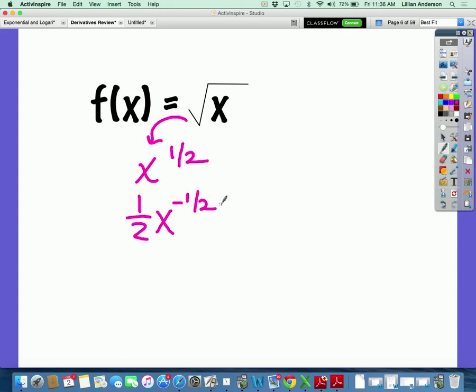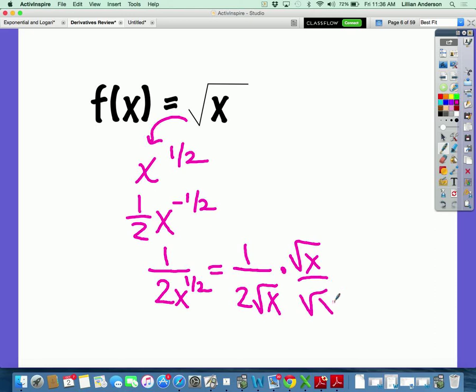To make this positive, you bring that x down to the denominator where the 2 already is. This is the same thing as 2 root x. Okay, so it's root x over 2. That's the answer? What is it? Over 2x. Because remember, root x times root x is still x. So you can leave it 1. So I would've gotten that wrong. With that, no, I mean like 1 over 2x.